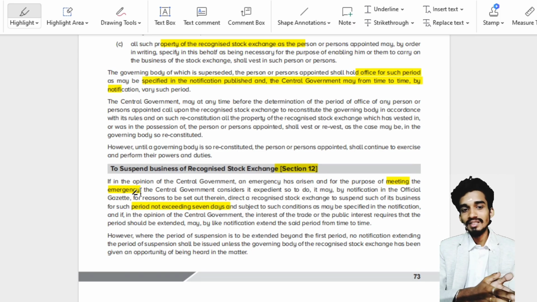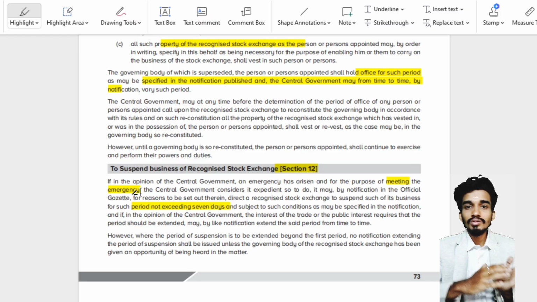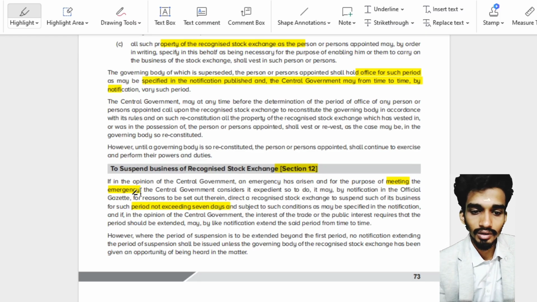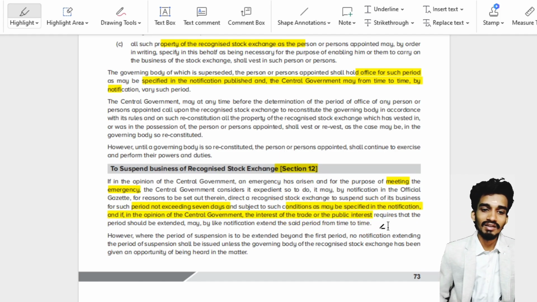So the central government has the power to suspend the stock exchange for a period of not exceeding 7 days. It can also exceed 7 days if it is in the interest of trade or the public. If it is in the public interest, then it can exceed 7 days also.